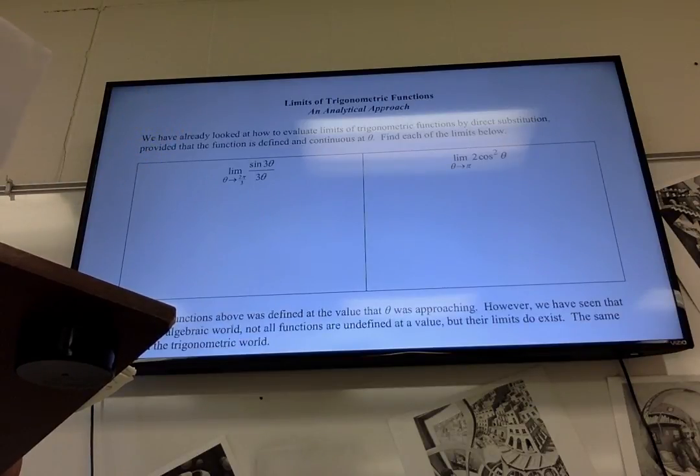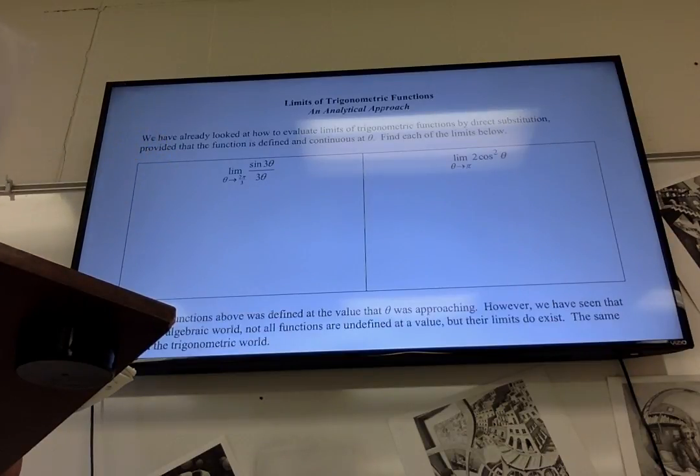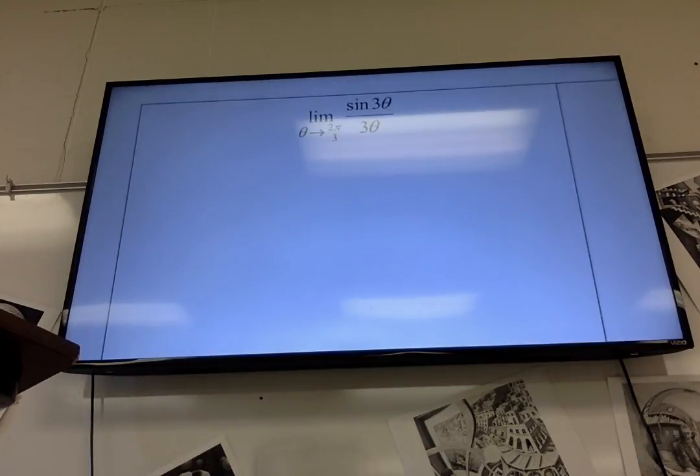Okay. So we have looked at these things before. This is back in Trig Pre-Cal, of course. And the limit part of it comes from, we've already talked about these a little bit in the other sections. But we're just going to review these two real quick because they're going to come up again. So to solve this, what would we do, this first one?